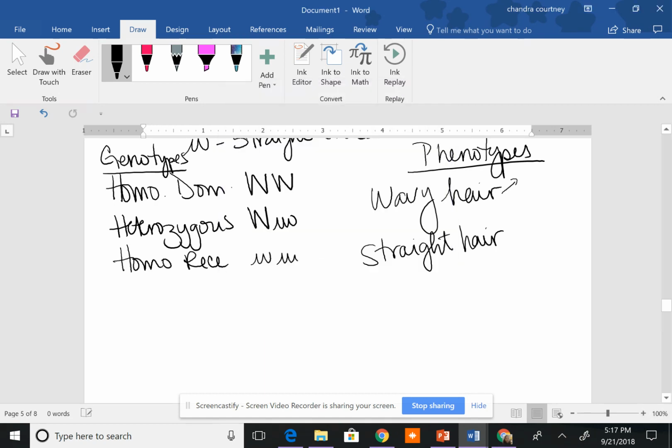You can be big W, big W, but if you're big W and little w, you'll still have wavy hair. Because remember, that little w means that you don't make as much of the protein or you don't make the protein at all. That big W, because it's dominant, as long as you have one big W, that's what counts. That's going to be the phenotype that you have. Straight hair is a recessive trait, which means that you can only have straight hair if you have two little w's. That's the only way that works out.